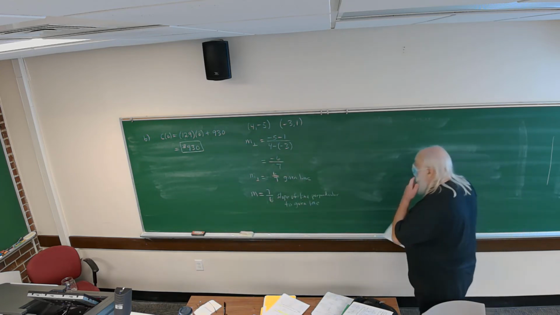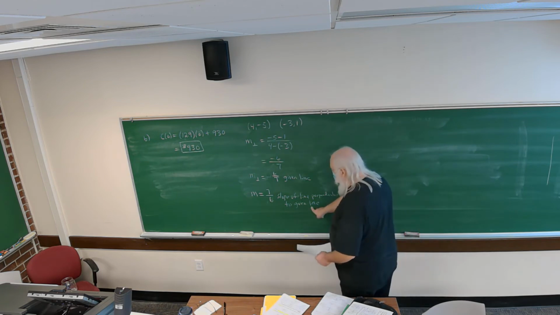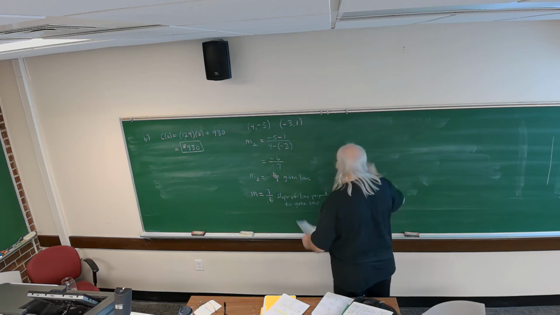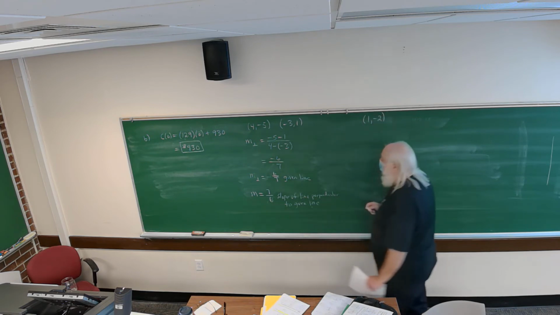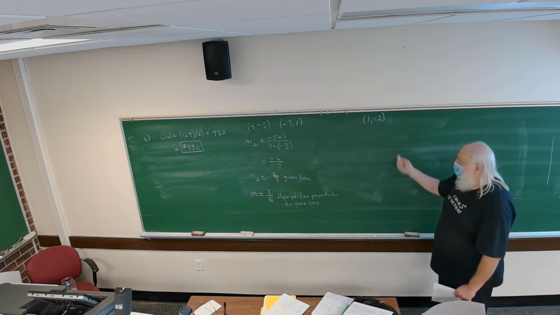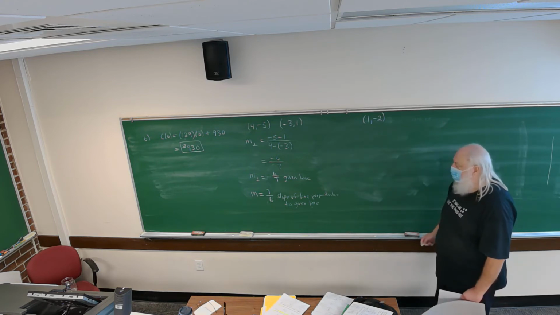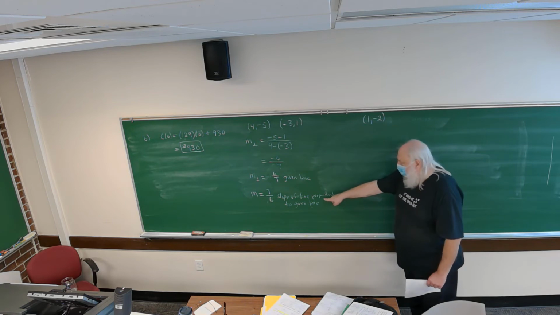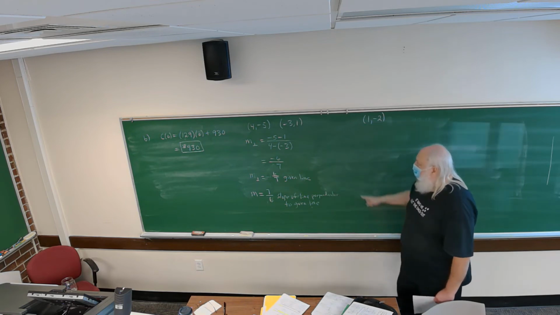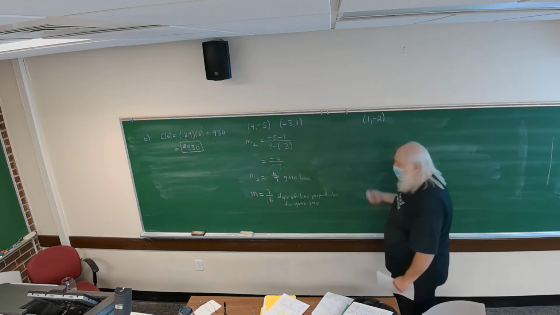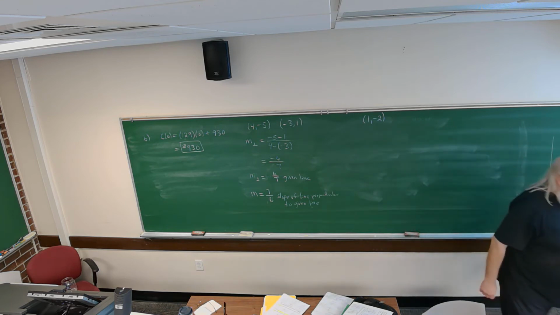And now, this line, the slope of the line perpendicular to the given line, passes through the point 1, minus 2. So we can use point slope form to write the equation of the line that's perpendicular to this line, and then simplify it into slope intercept form.